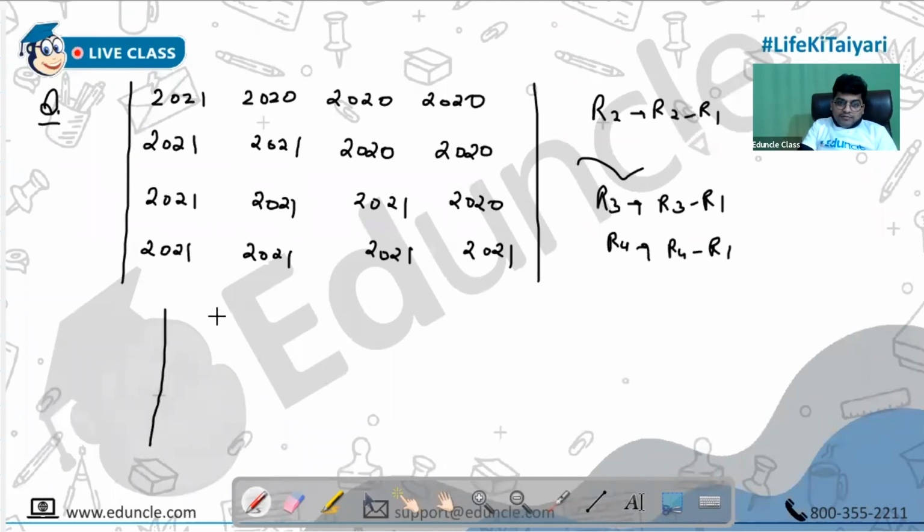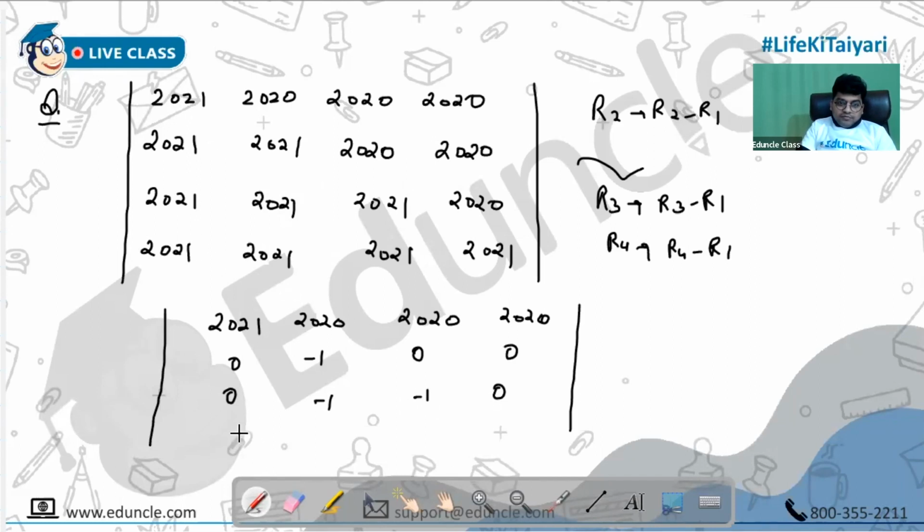Any problem with the determinant? So the first row is 2021, 2020, 2020, 2020, and the rows below become 0, minus 1, 1, 0, then 0, minus 1, 0, 1, then 0, minus 1, minus 1 and minus 1. Yes or no? Am I correct?